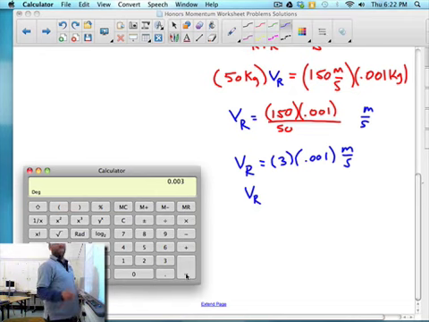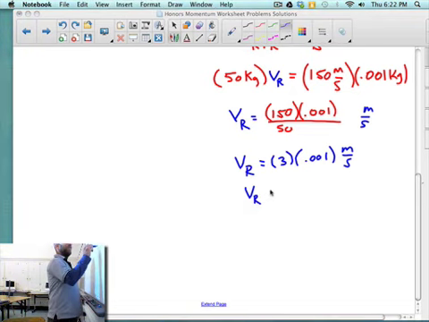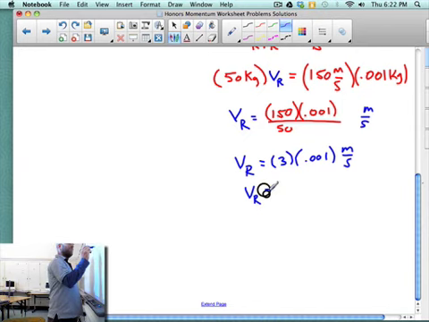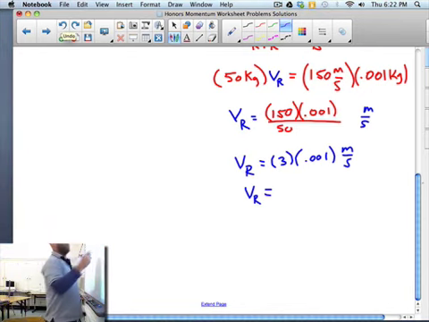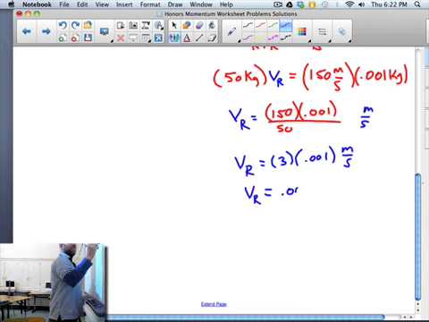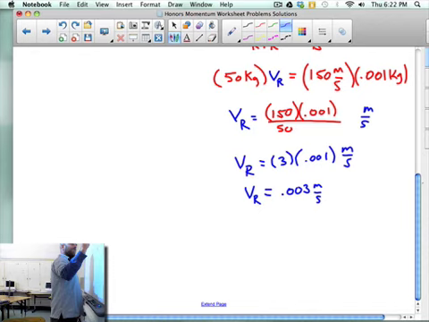It's 0.003. So that's a dramatic difference. Wow, what did I just do? Let me fix that. What was it again? Oh, it was 0.003 meters per second. So that sure is a lot less.